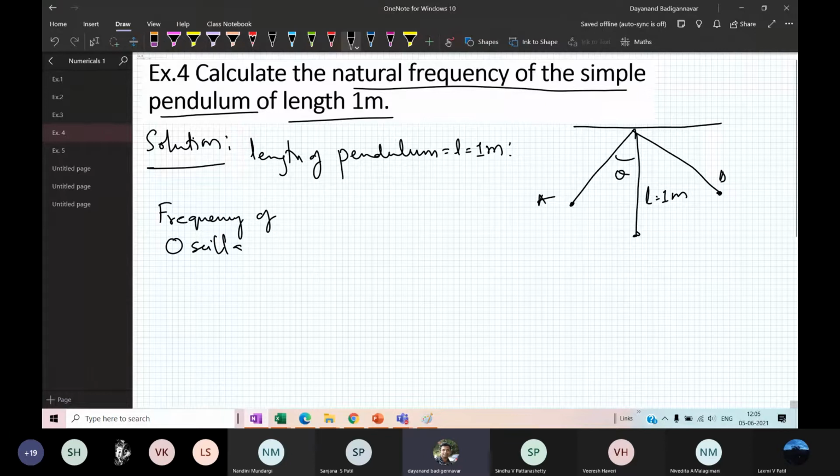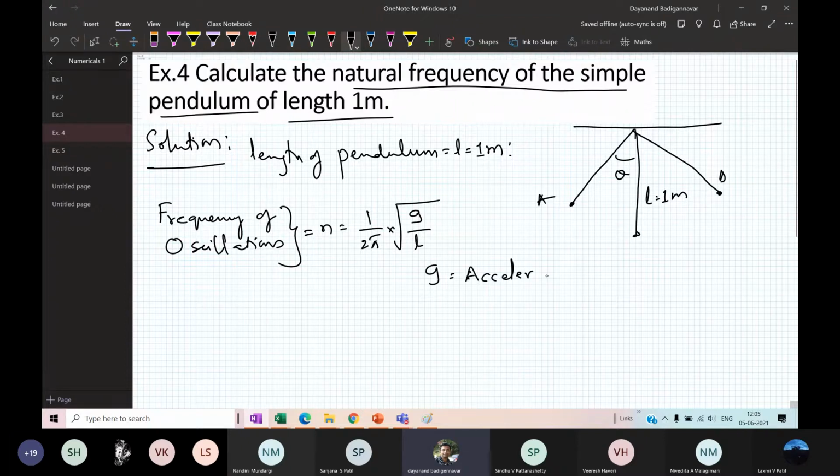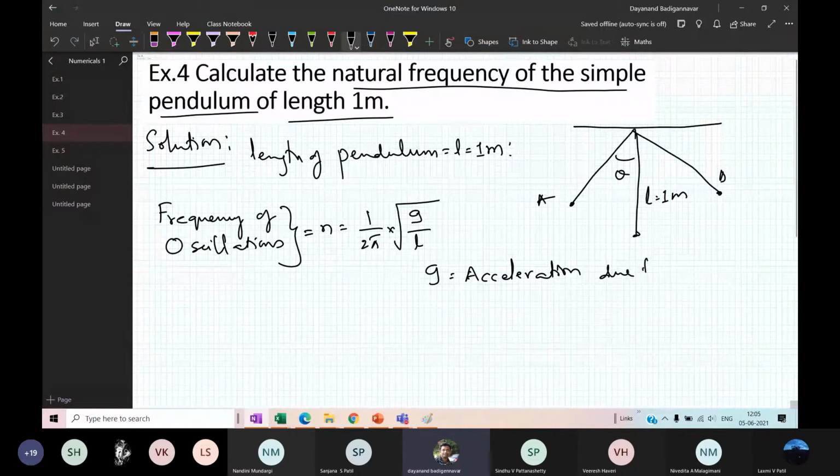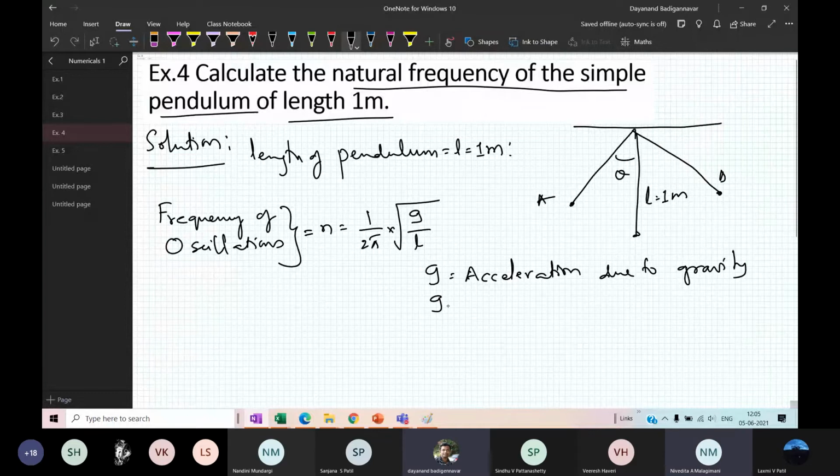They have asked for frequency of oscillation, which is taken as n equal to 1 upon 2 pi into root of g divided by L. Here g stands for acceleration due to gravity. g is equal to 9.8 meter per second square.